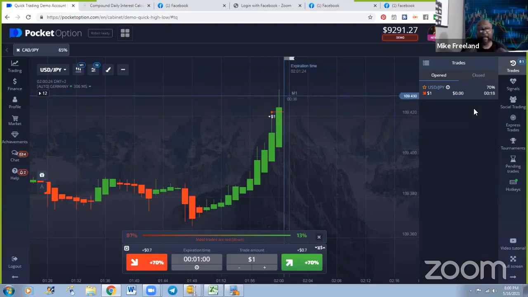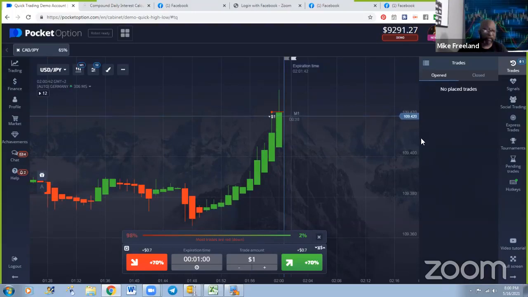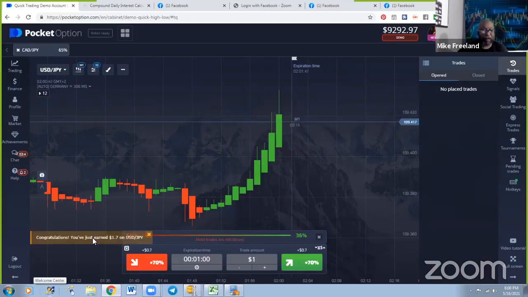And technically, I do want to do a loss because I want to show you how doubling your money and going back to the next one can bring your win right back in. Again, it dropped down with 5 seconds left. This looked like it was going to be a win, and this was very good as well. This is another win.